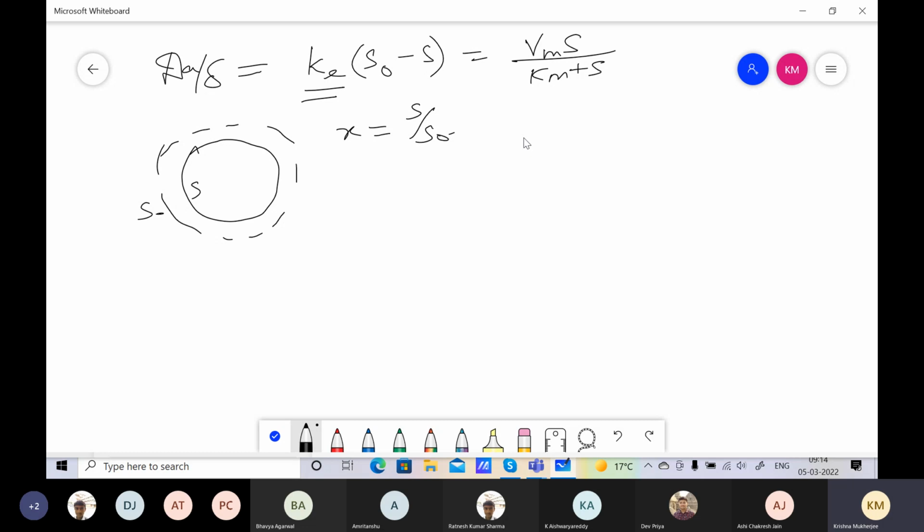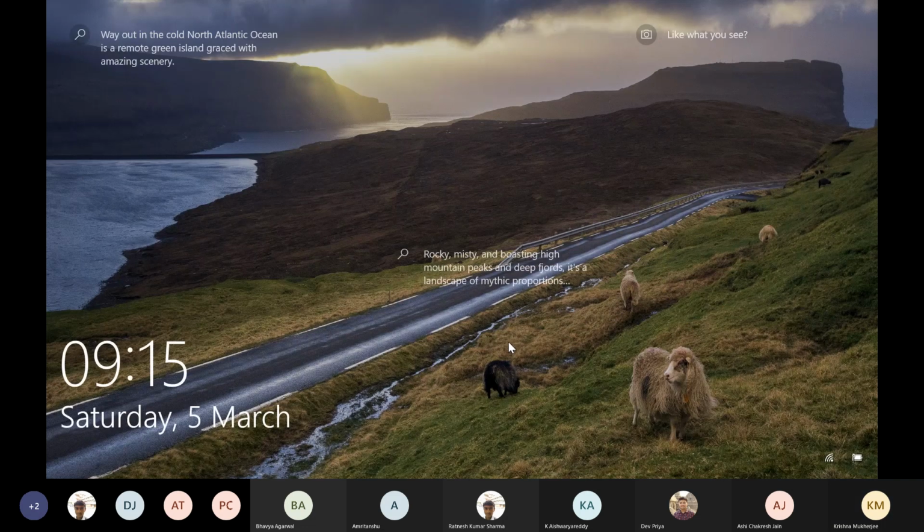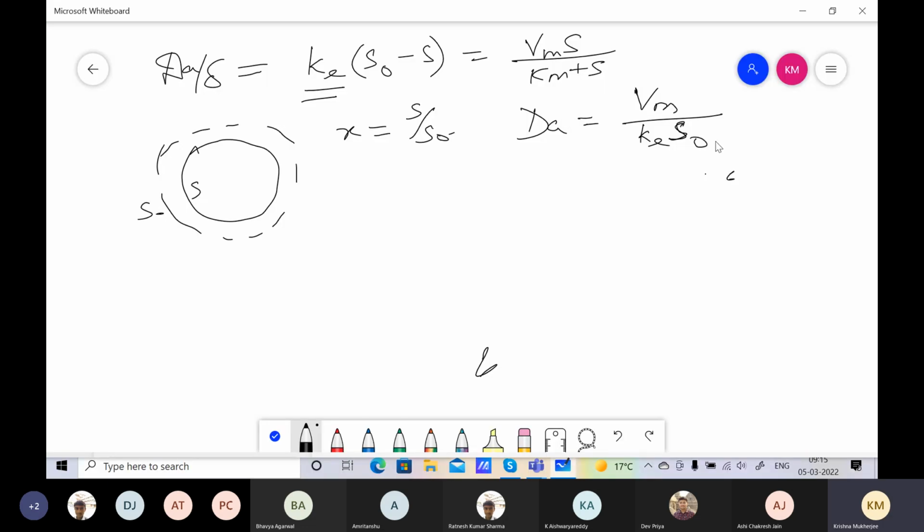And we define also the Damkohler number, which is obviously the rate of reaction divided by the rate of diffusion, a proportion. So in this case, it is the maximum rate of reaction divided by the maximum rate of mass transfer.